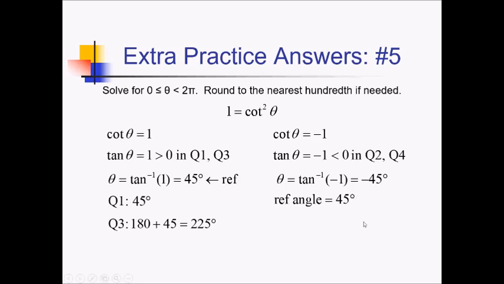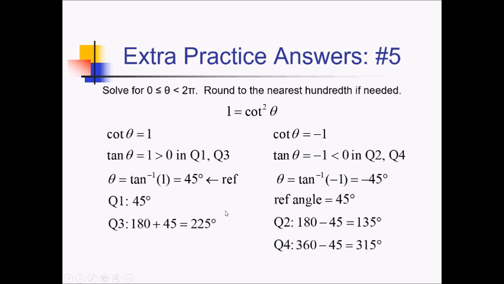So to get quadrant 2, we're going up 45 degrees from the x-axis. So that's 180 minus 45. You're going backwards 45 degrees to get 135 degrees. For quadrant 4, we have to start at 360 and go backwards 45 degrees to go down from the x-axis. So 360 minus 45 gives us 315 degrees.